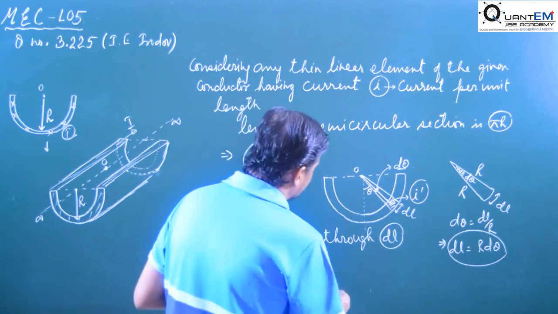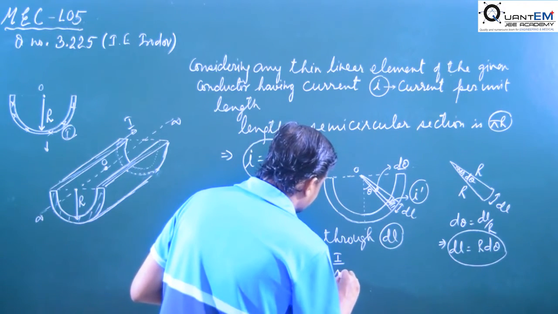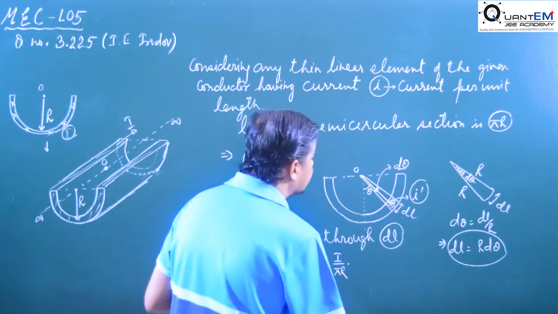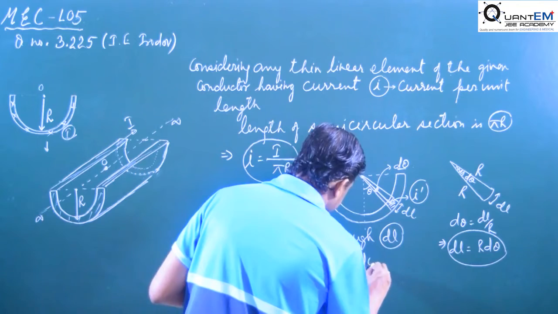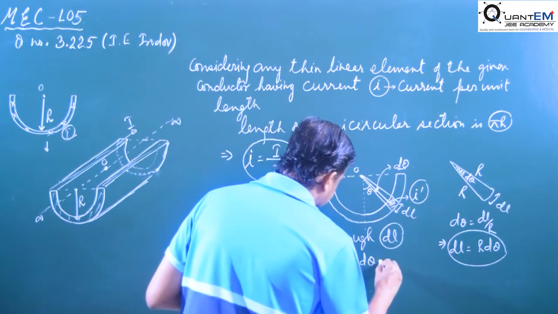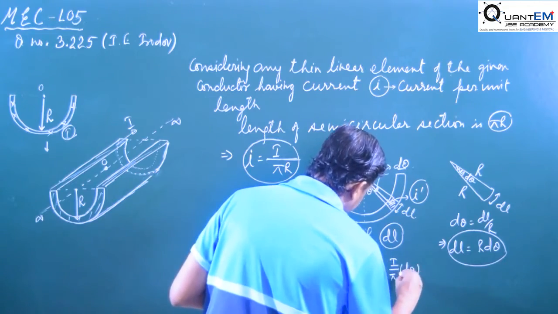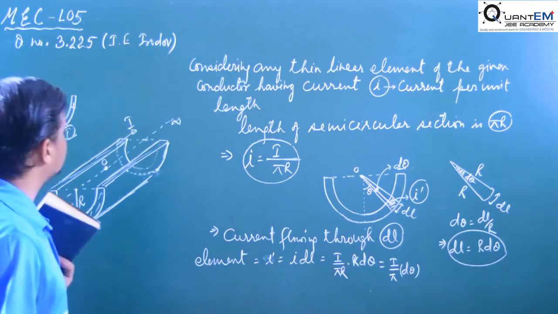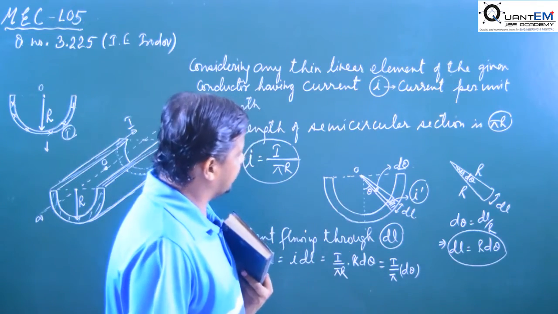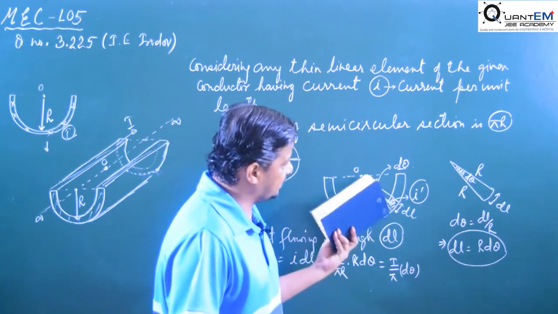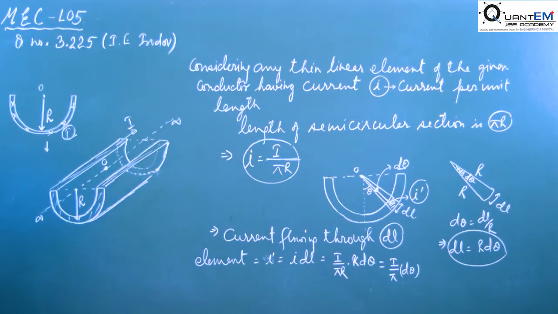Current per unit length is I by pi r, into dl which is r d theta. So you get the result I by pi into d theta. That is the current flowing through this small element of the conductor. Now for this infinite long conductor element having length dl, we get the magnetic field here at the point O.